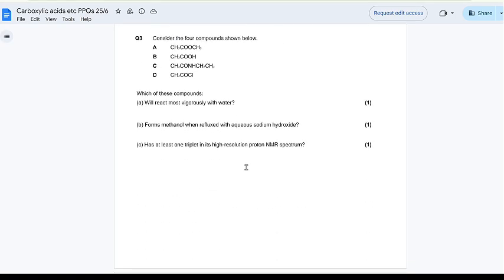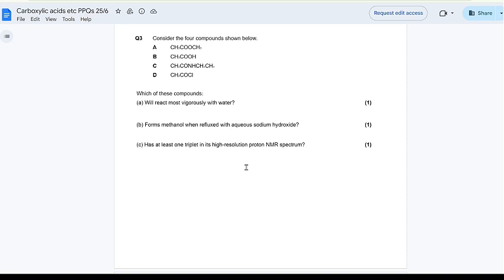Of the four compounds shown below, which of these compounds will react most vigorously with water? Well, consider the reactions of carboxylic acids here. And then we have acyl chlorides, and we have... What even is that? Is that an amide?